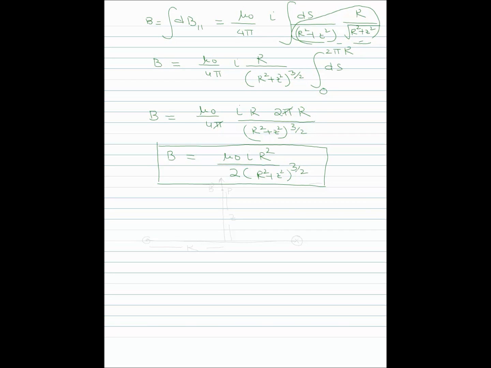Basically we found that the direction would be, so if this was the situation, remember the direction of the magnetic field at this point P at a distance z, and this is the radius of the loop. At this point the magnetic field direction was like this. So this was the direction of B, and this is the magnitude that we just found.